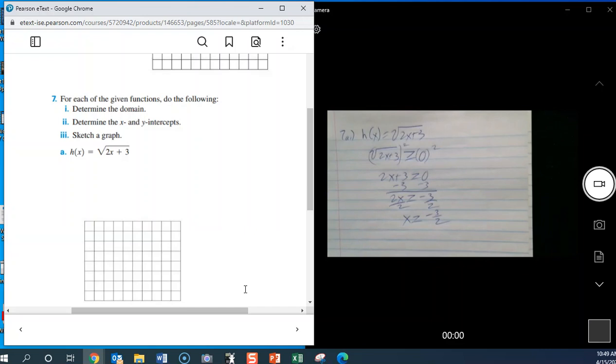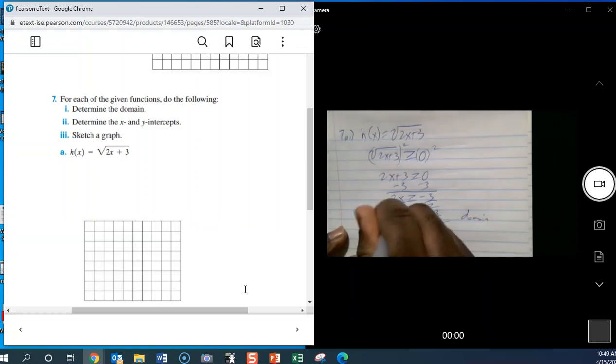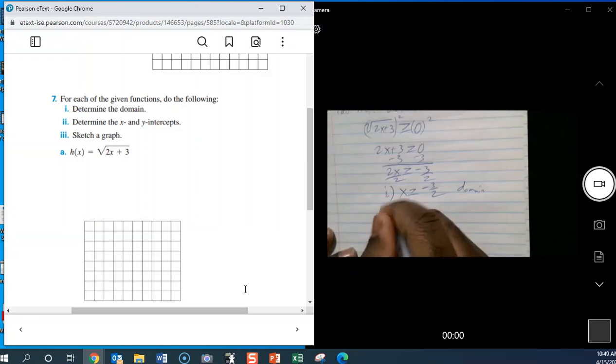Okay, so now our domain would be x is greater than or equal to negative 3 halves. So this is our I. Our I2, we want the x-intercept.